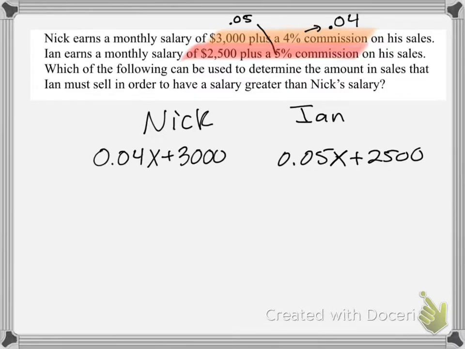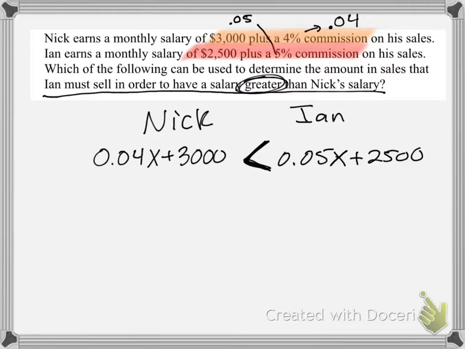And then we're looking at how much Ian must sell in order to have a greater salary than Nick. So we're looking at Ian wanting to be bigger than Nick, so we're going to have a less than. Nick is less than Ian. We're looking at that.